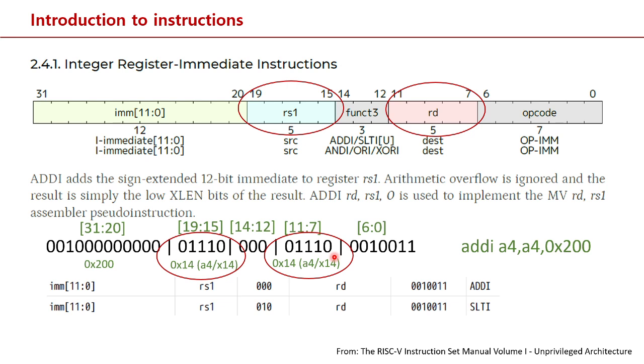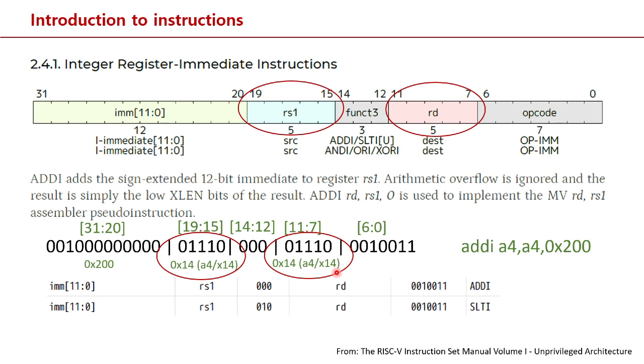If we convert this binary value into hexadecimal format, this value is 0x14. 0x14 means the x14 register. x14 is one of the general purpose registers in the RISC-V architecture.